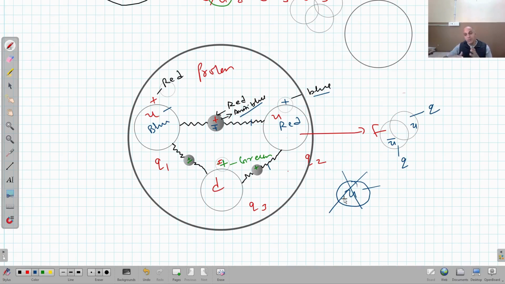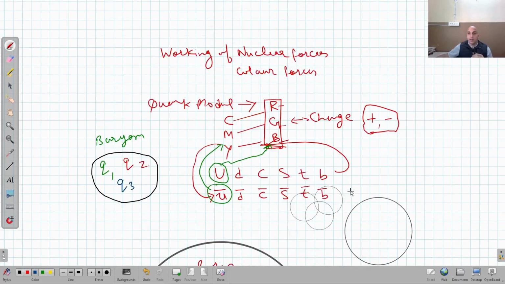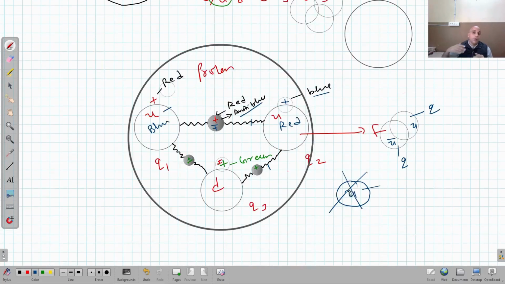It always comes either in the form of a quark and anti-quark, or in the form of three quarks joined together. This process is responsible for holding all the matter together in the universe, right?